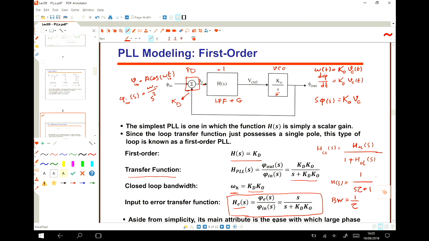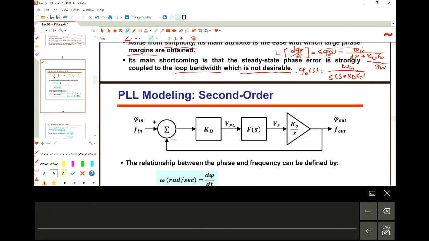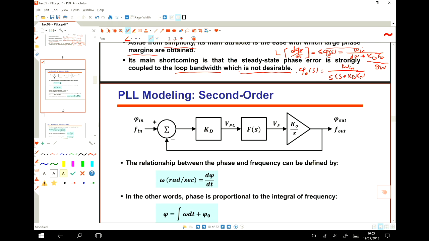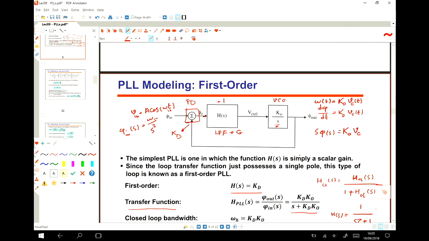And then the transfer function, h, which is output divided by input, equals Ko divided by s. Okay? So this is how we can model a VCO. Clear? All right.